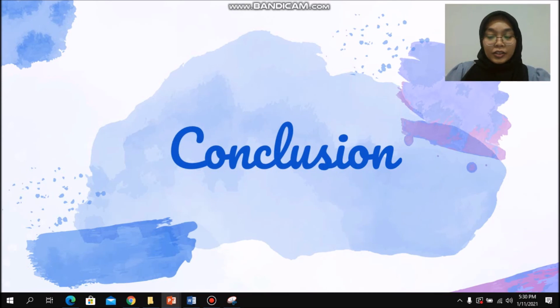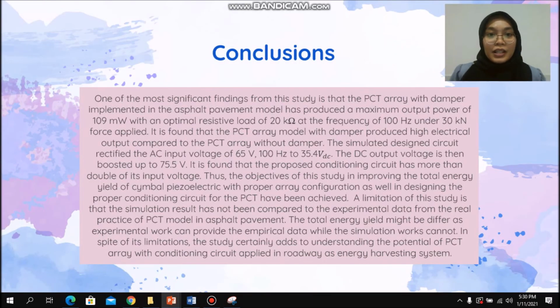As for the conclusion, overall, one of the most significant findings from this study is that the PCT array with damper implemented in the asphalt pavement model has produced a maximum output power of 109 milliwatts with an optimal resistive load of 20 kilo ohm at a frequency of 100 Hz under 30 kN force applied.